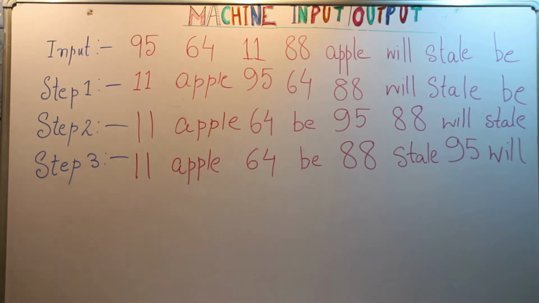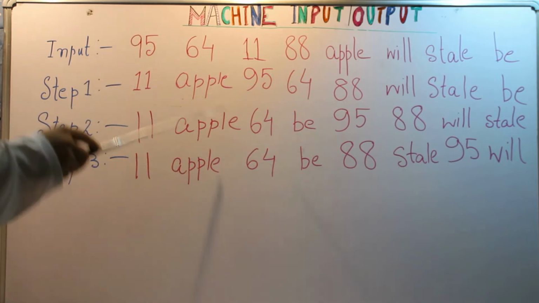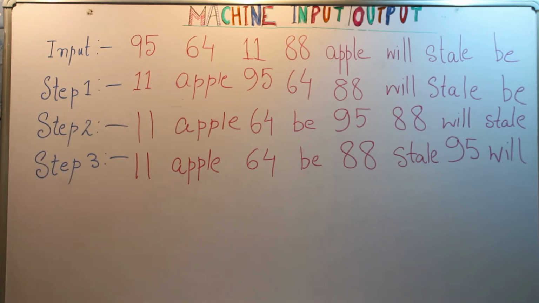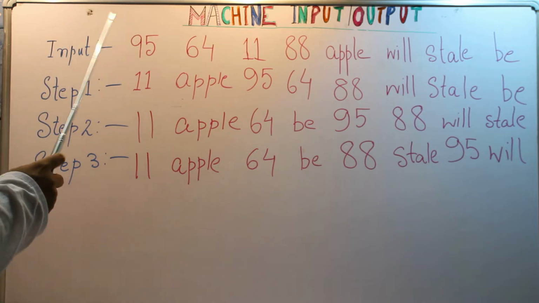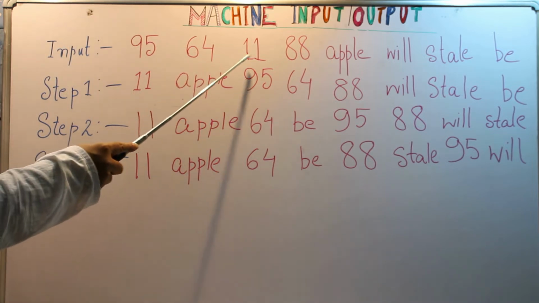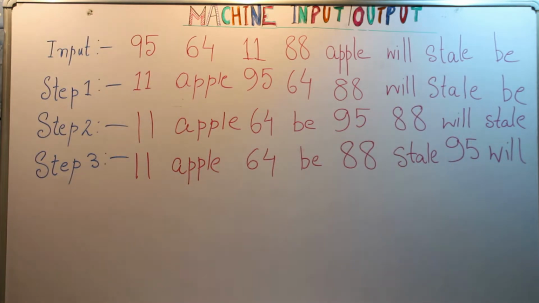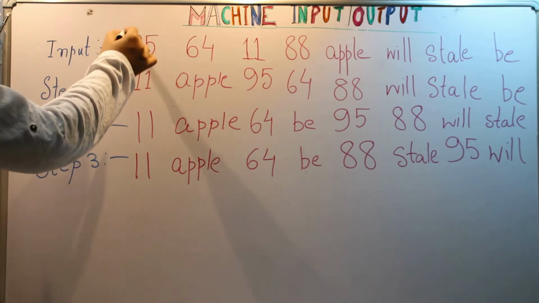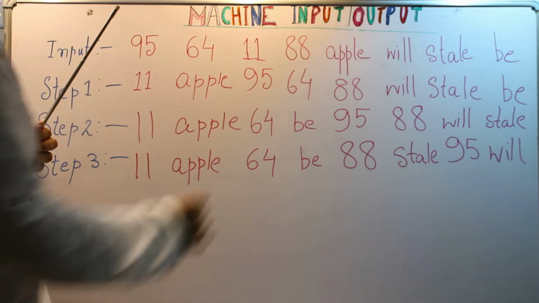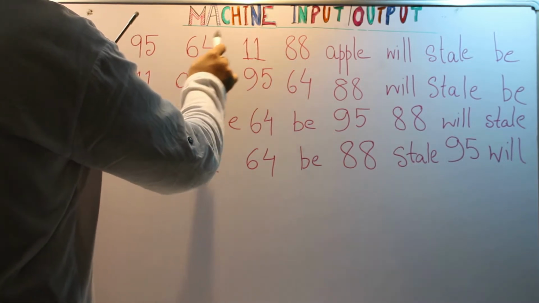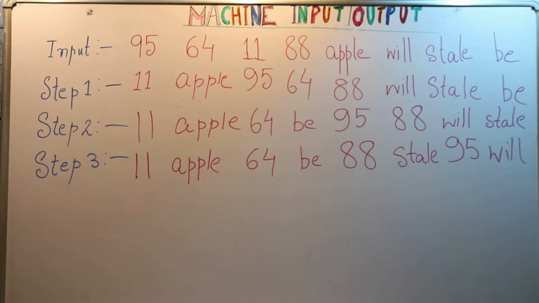So let's discuss this question and see how it follows a pattern to come up with the output. It is given 95, 64, 11, 88, apple, will, still, be. Okay. So 95 is the highest number among the given numbers. Then comes 88, then 64, and the lowest is 11.